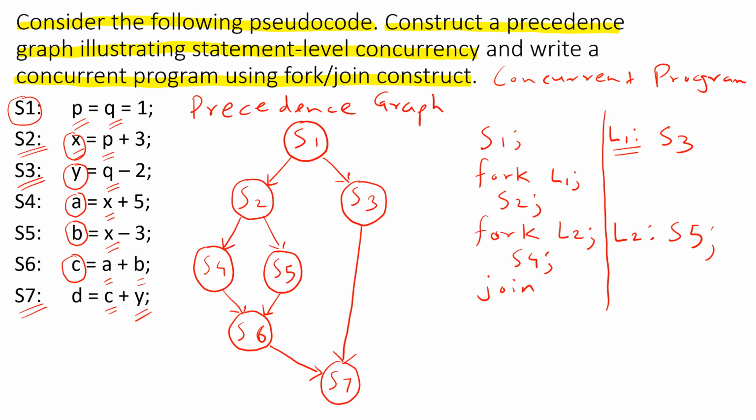Okay, and for this purpose we will use a count variable c1, and since there are two threads getting merged into a single thread, the count is initialized to 2. So what we do now is we execute join and write the variable name, join c1.